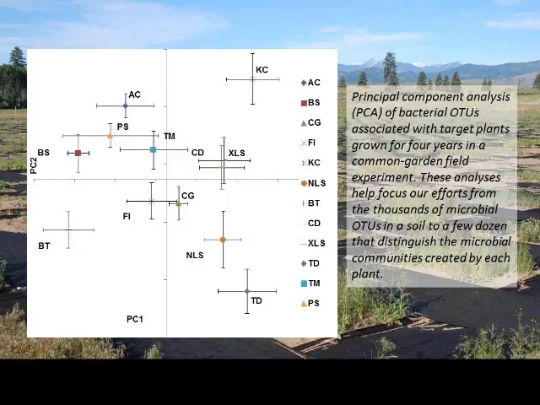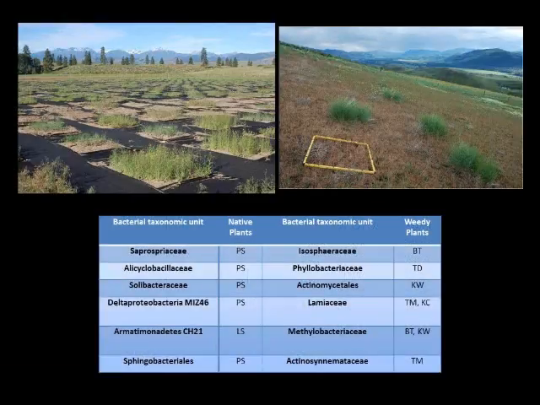By cross-referencing these lists, I can come up with a list of microbial species that are most likely to suppress weed growth or most likely to encourage target native plant growth. I've just been starting to analyze this data in the past month, but that's the direction we're going. So the holy grail here is the first 10 species that I've pulled out as most likely candidates. We've just started with the bacterial analyses; the fungal analyses are still being performed.